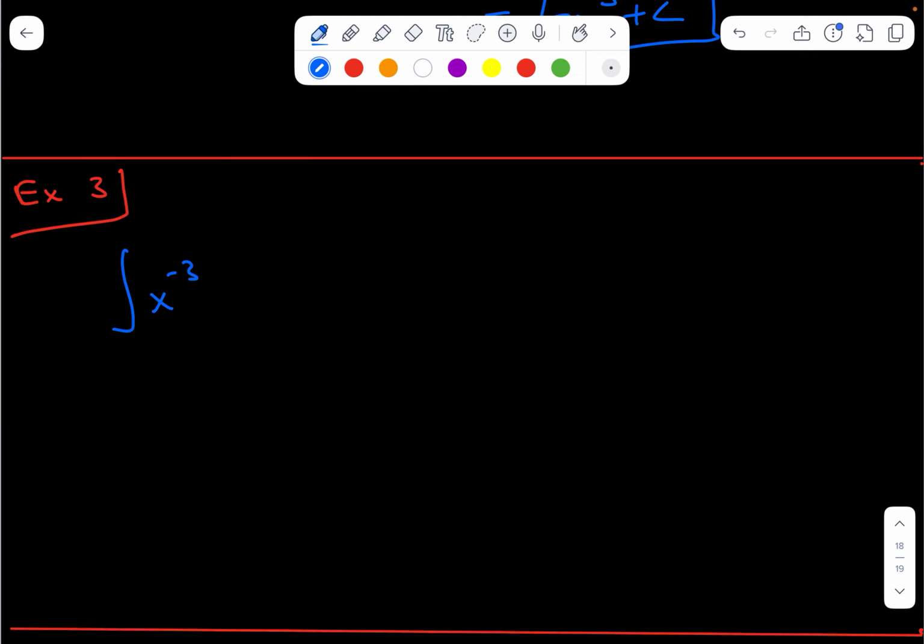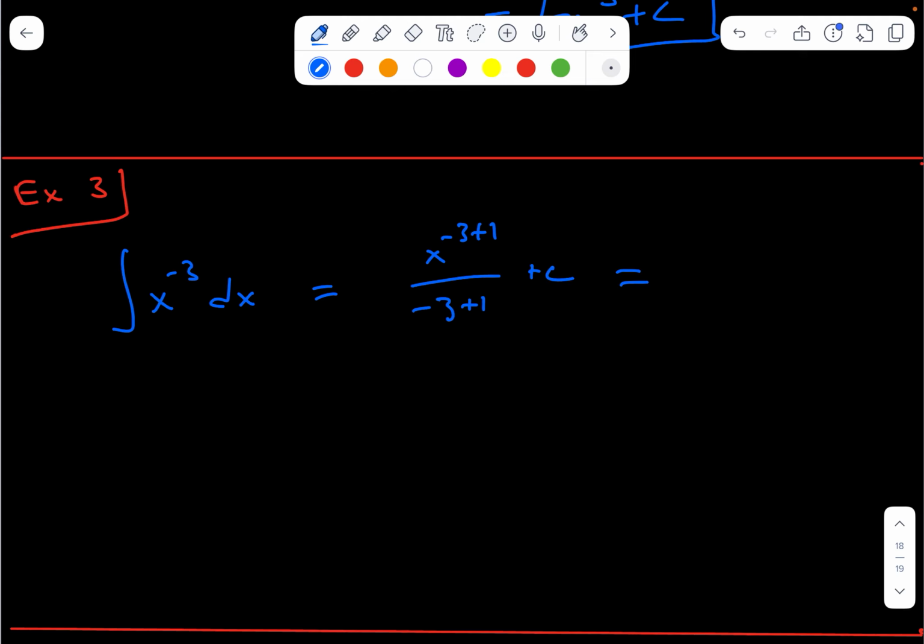We have the integral of x to the negative 3. So the power rule works with negative exponents too. Let's just solve it as normal. So we have x to the negative 3 plus 1 over negative 3 plus 1, plus c. Don't forget your plus c, guys.